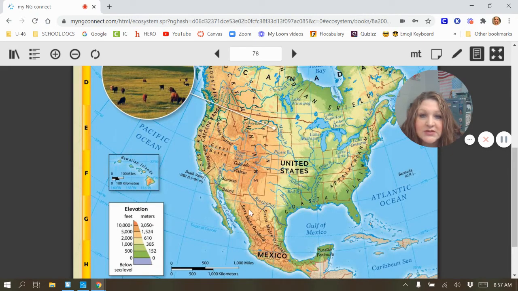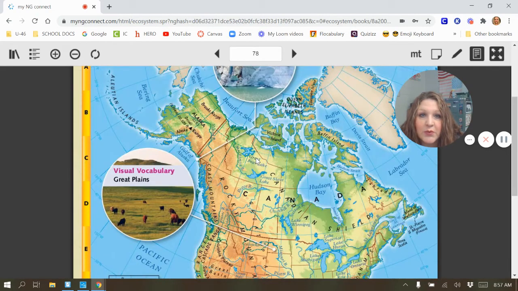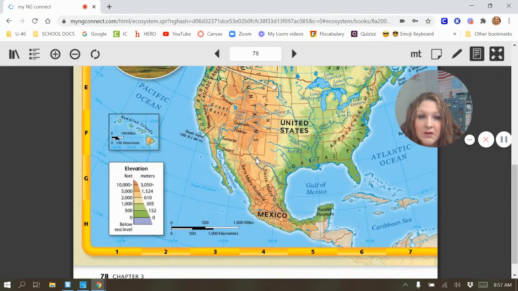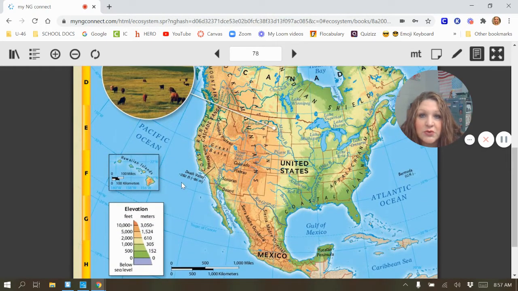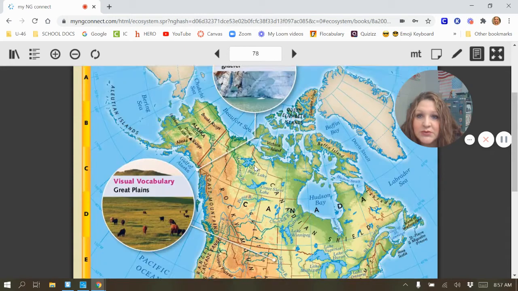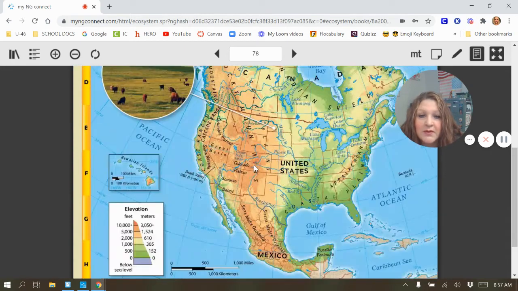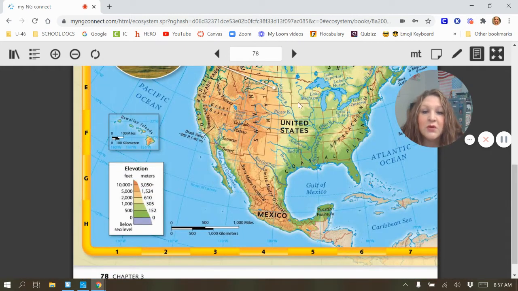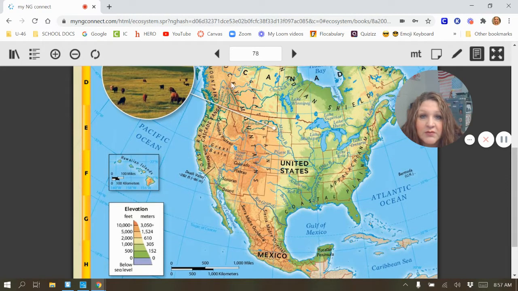So we're going to come down south, right? Remember, we have our directionals, north, south, east, and west. I don't see a compass rose on this map. Okay, so we're going to go south anyway. As we move further south from the Rocky Mountains, we see more mountains here. And as we move south from Sierra Nevada, we also see more mountains here. Remember our elevation, the higher the elevation, it turns this more brown kind of color.